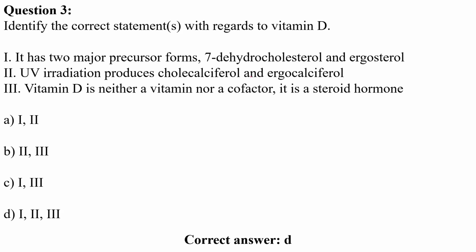All the other vitamins are found in some food items, and when we eat those food articles, we get those vitamins. But in case of vitamin D, we have these precursors, and we have to expose ourselves to UV radiation, not a high amount, but some amount of sunlight, in order to convert these precursor molecules into the vitamin D required by our body.